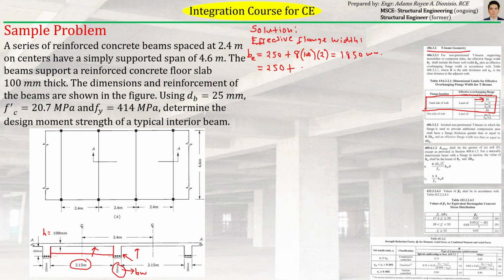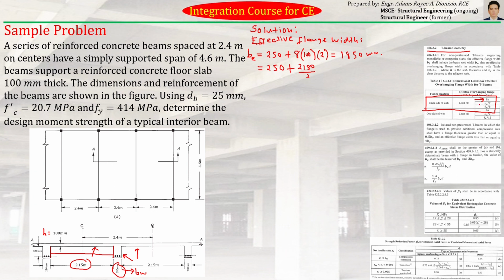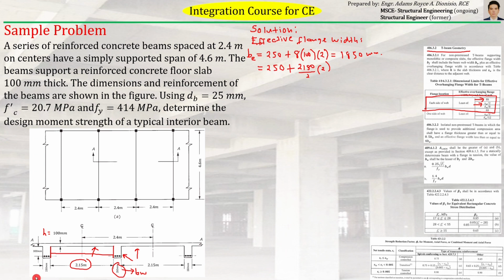So that will be 2,150 divided by 2, as mentioned in the code, SW over 2. Since there are two on each side, we multiply by 2, so the 2 will cancel. Let's compute what comes out. That will be the second option for the effective flange width.